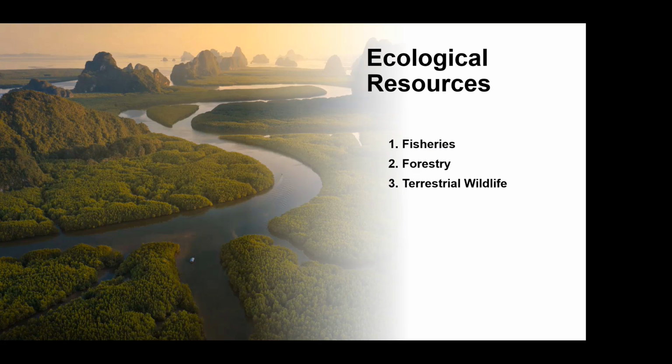The next part is about ecological resources. The first part is about fisheries, forestries, and the different types of wildlife which exist. If we talk about fisheries, the alteration in hydraulic regime and water quality may have significant impact on fisheries due to change in nutrient supply, and growth of the waterways due to transportation projects, which may affect fisheries due to the improper disposal of dredging spoils.